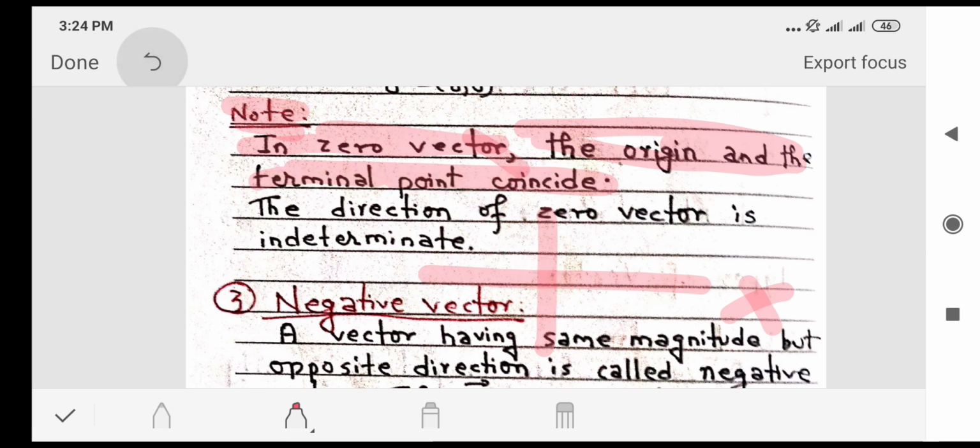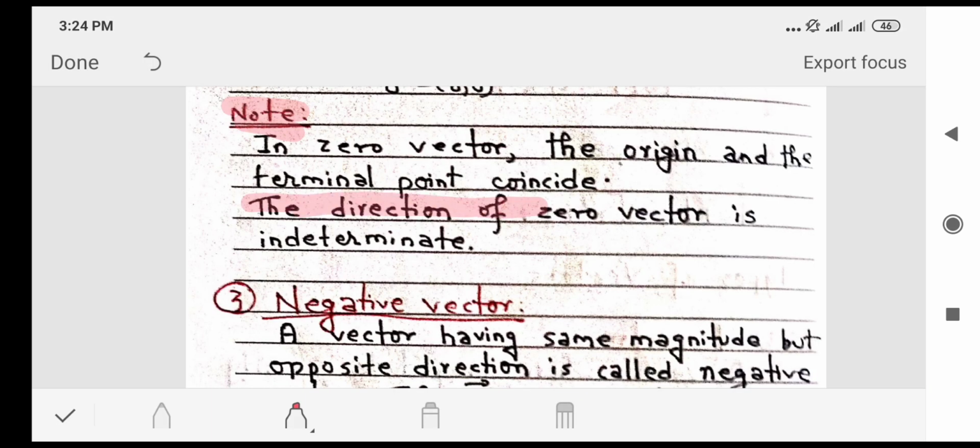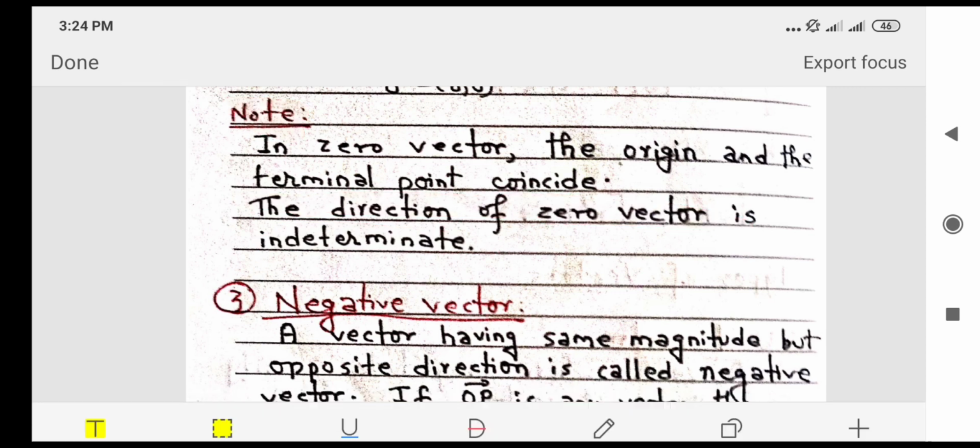So that is our note, and our next note is given over there. The direction of zero vector is indeterminate. Since zero vector is a point vector, its direction is not fixed, so it is indeterminate. Now let's go ahead.